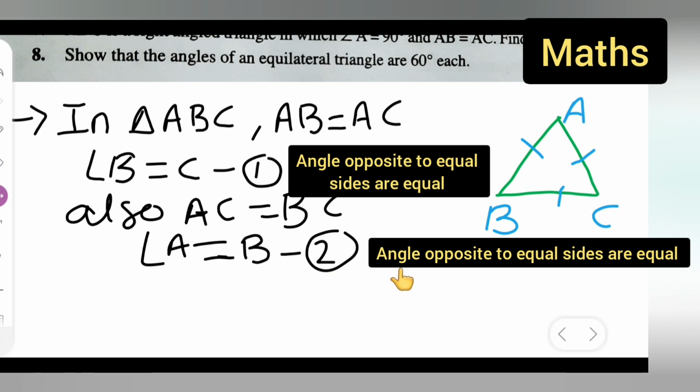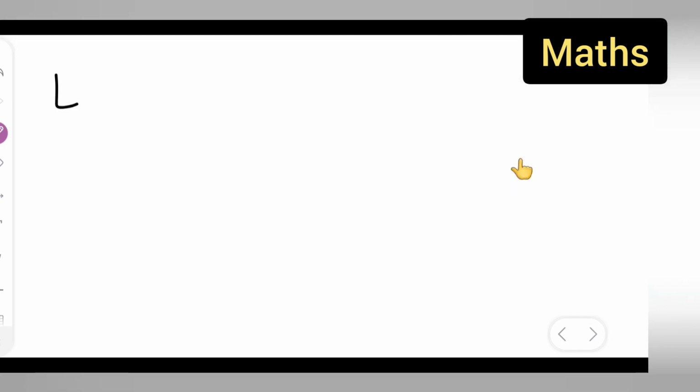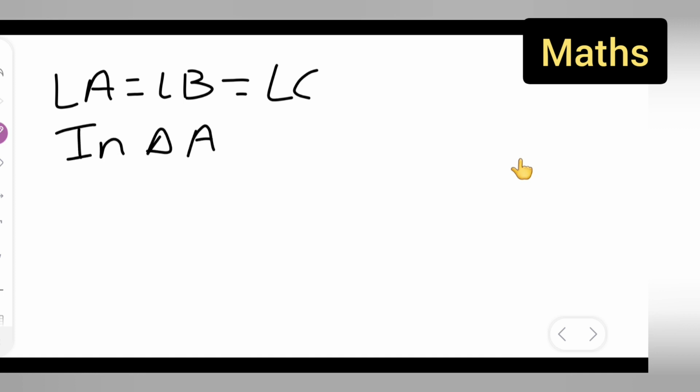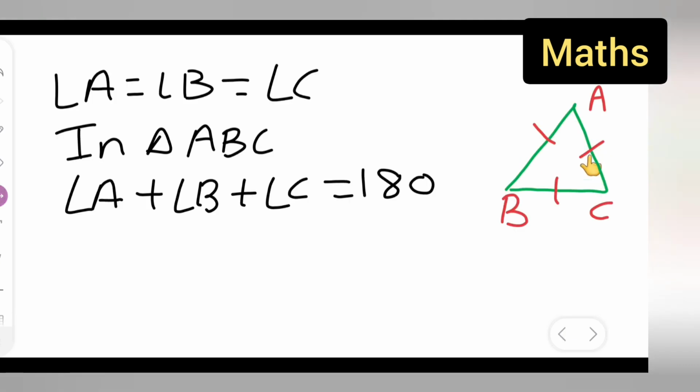Next thing you are going to do is, from equations 1 and 2, say that angle A is equal to angle B is equal to angle C. Now in triangle ABC, I will add all the angles: angle A plus angle B plus angle C is equal to 180.